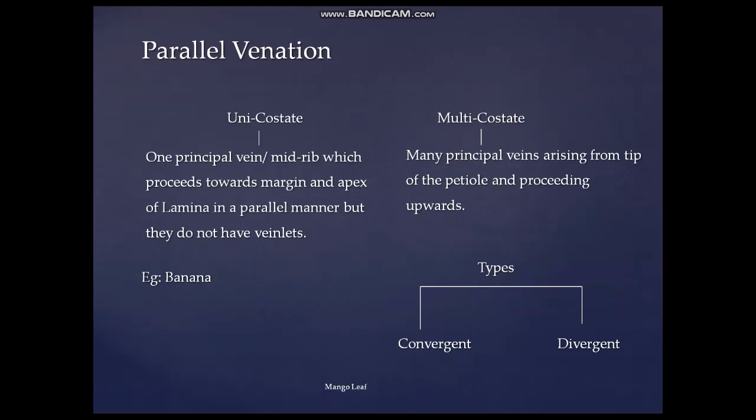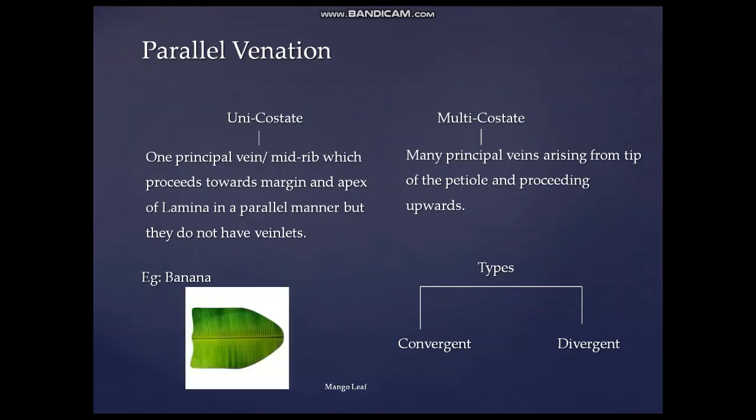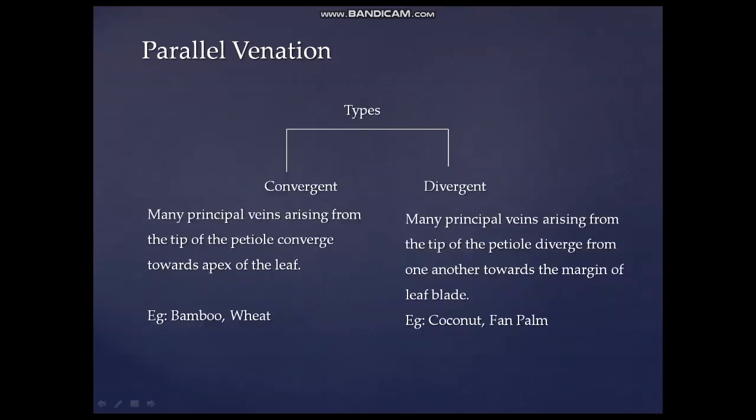Similarly, in multicostate, many principal veins arise from the tip of the petiole and proceed upwards. Again, they are of two types, convergent and divergent, but before that, look at the diagram of this banana leaf. You will see the single midrib arising from base to the tip, and it shows the parallel venation.